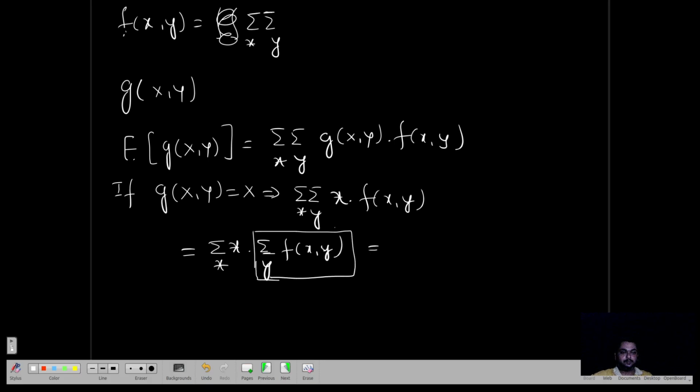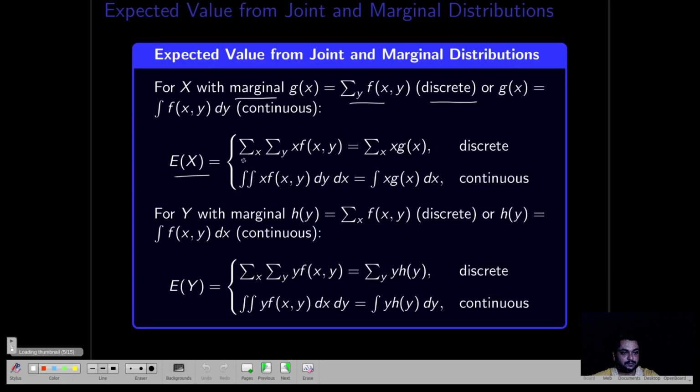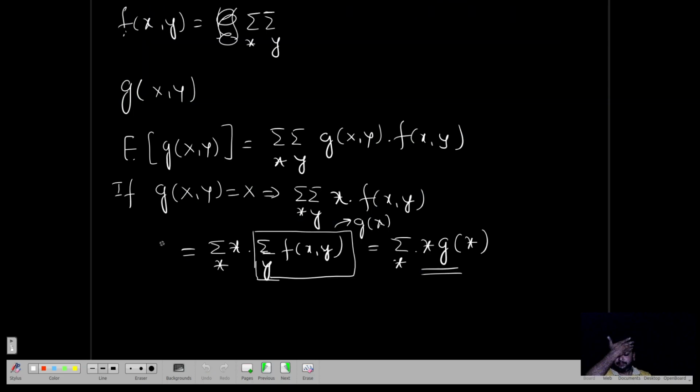This is nothing but your marginal g of x, right? Y is added over fixed x. You can write it as the marginal distribution of x. This is nothing but summation of x into x g of x. That's it. So observe here: summation of x g of x is called the expectation of the marginal distribution.